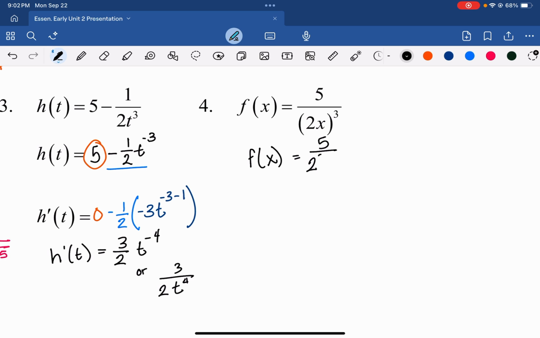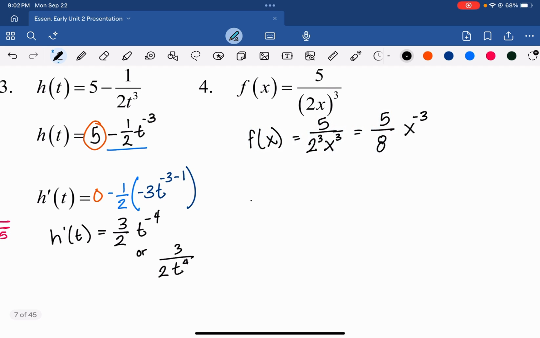So we'd get 2 cubed and then x to the third. Want to simplify it a little bit further. So 5 over 8, because that's 2 to the third power. And then I've got my x to the negative 3. Okay, we rewrite that power.